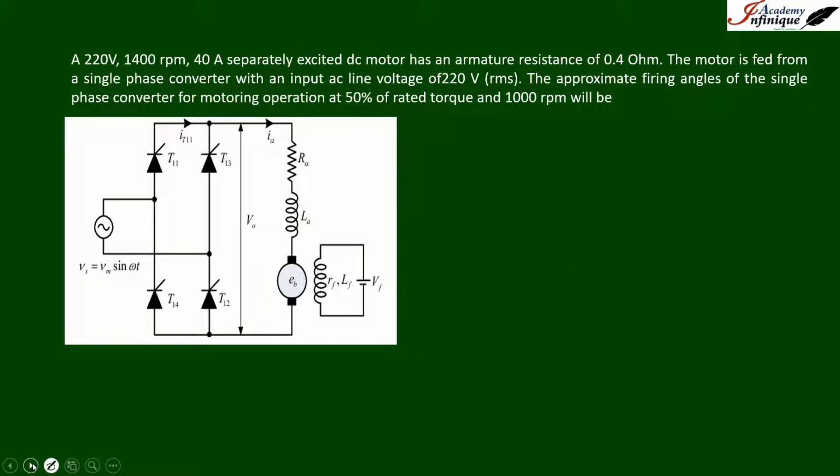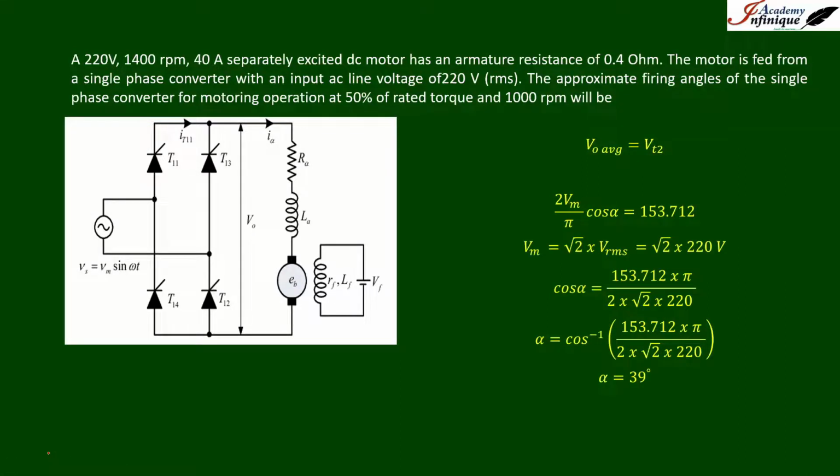So the output voltage should be equal to the terminal voltage. Terminal voltage is calculated as before, that it will be equal to 153.712, and then if we put the value of the maximum amplitude of the input, alpha, that means the firing angle, can be calculated, and it is shown here.